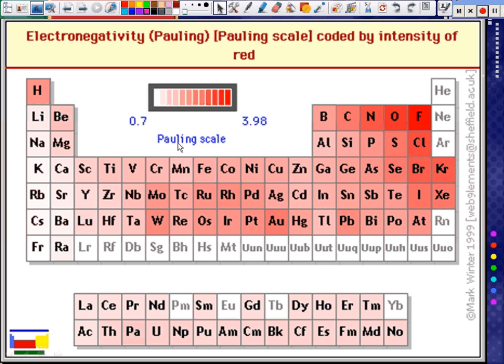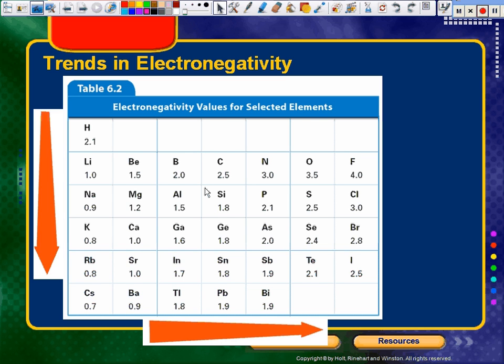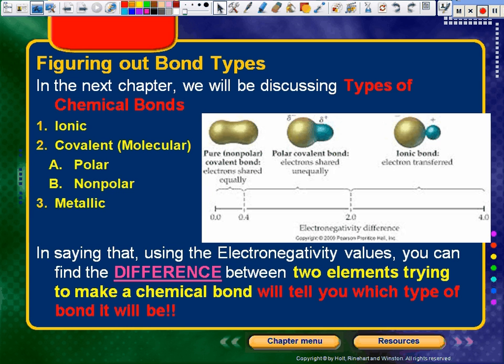Here are your numerical values. This is something that you're going to get in the next chapter. You're going to have this exact same picture, and I may actually print it out and give it to you so you can use it. That's the trend in electronegativity, and this is, in essence, the entire next chapter summed up in one picture. There are three major bond types. You should already know two of them, ionic and covalent.